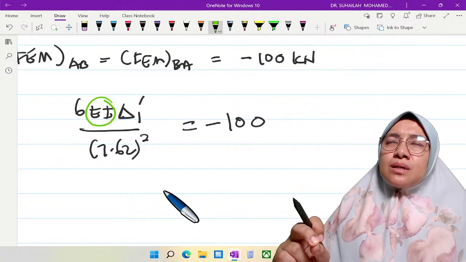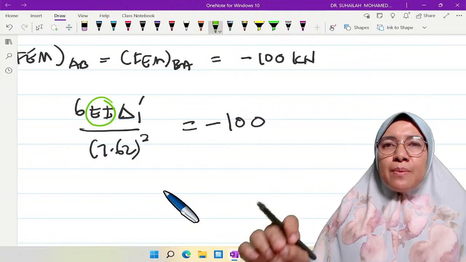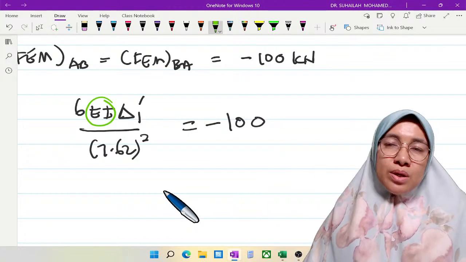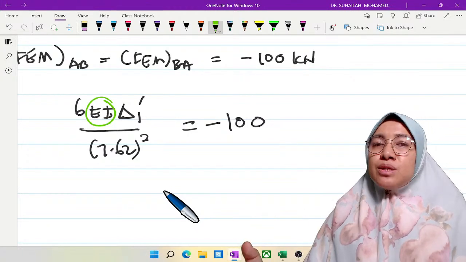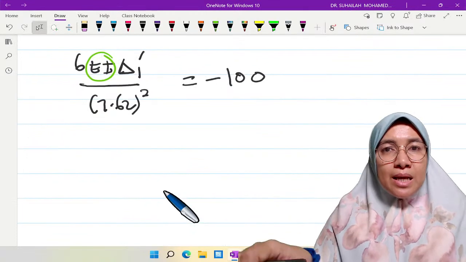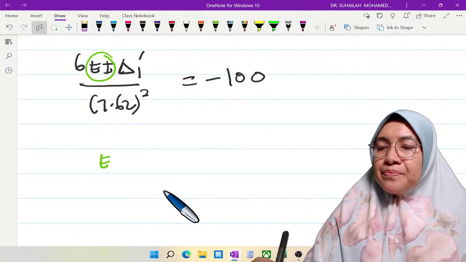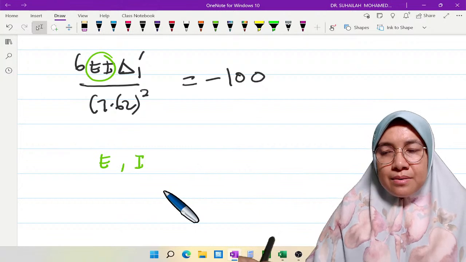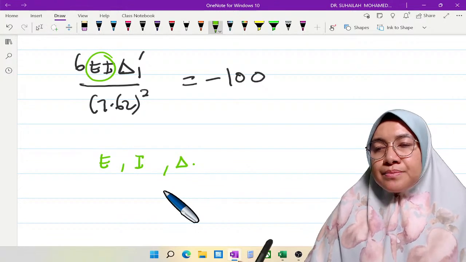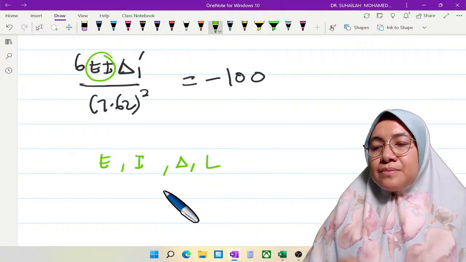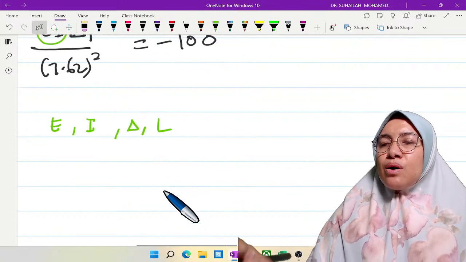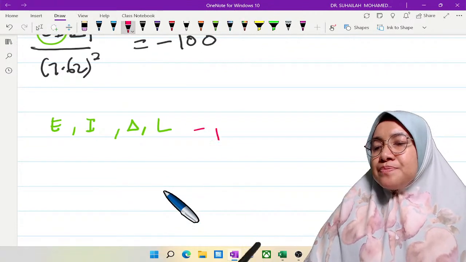Whenever the ratio of all these parameters is equal, the assumed value will also be equal. So in this we have E, I, delta and L. We call these four parameters.